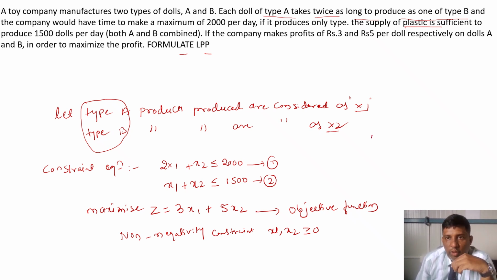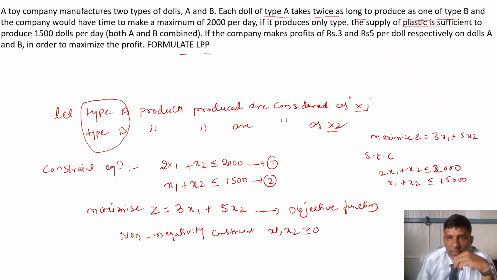The problem is: maximize z equal to 3x1 plus 5x2, subject to the constraints 2x1 plus x2 less than or equal to 2000 and x1 plus x2 less than or equal to 1500. Then the non-negativity conditions: x1, x2 greater than or equal to 0.